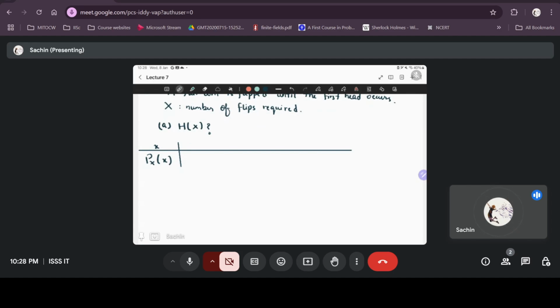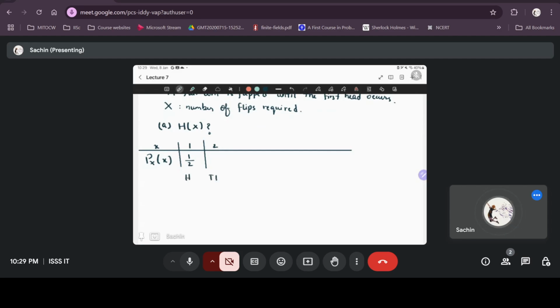So capital X can take value 1, that is, you can get a head in your first coin toss, then capital X will be equal to 1. The probability of that happening is half because it's a fair coin. Capital X can take the value 2, that is, the first head appears on the second coin toss.